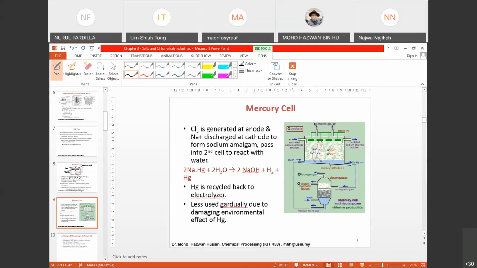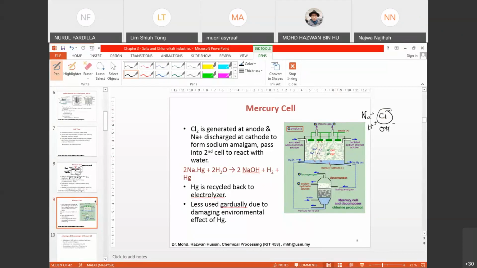You have a saturated sodium chloride solution, which goes into the cell. When it goes into the cell, the NaCl solution dissolves and forms separate ions: Na+, Cl-, H+, and OH-. These are the types of ions you will see inside the electrolyte.